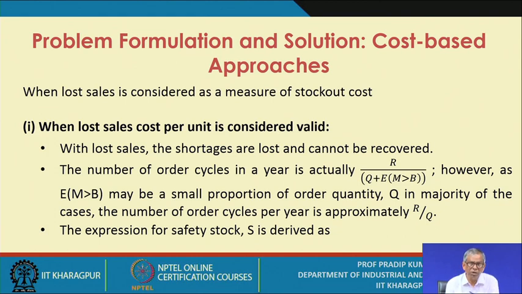So both the cases we have considered, and we have formulated the problem, and we have also suggested the solution given a data set, and two specific numerical problems we have already referred to.